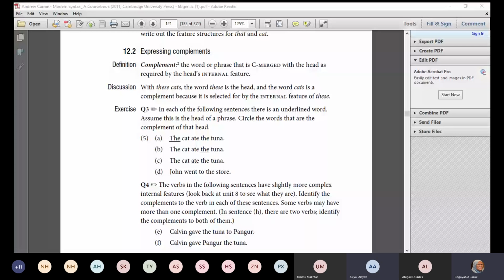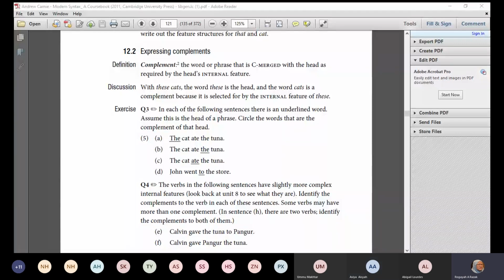Can the VP, the verb phrase of the sentence? Oh, but in this sentence, it cannot be a constituent. Which sentence? The sentence I ate, or the cat ate the tuna, whatnot. Say the cat ate the tuna.